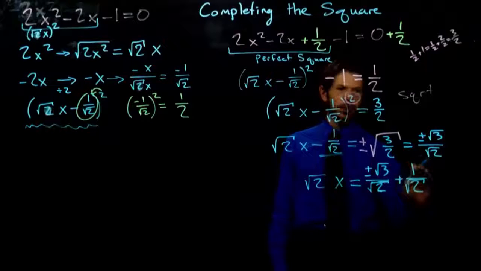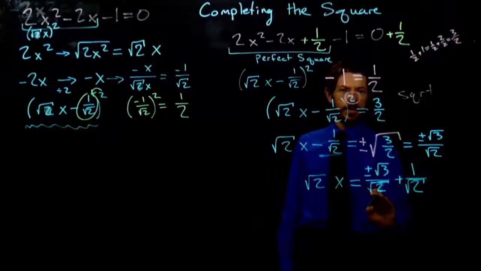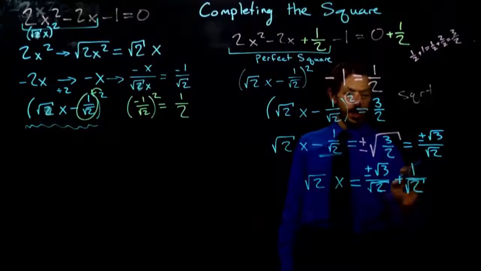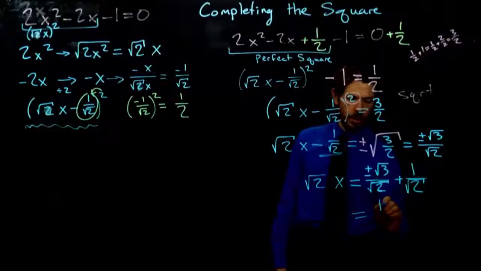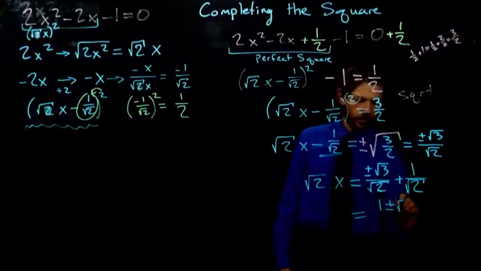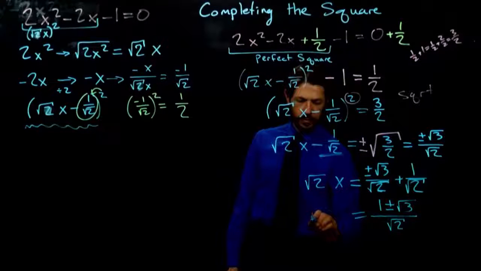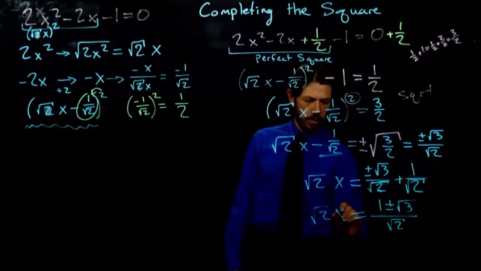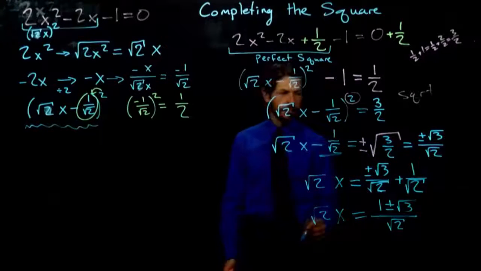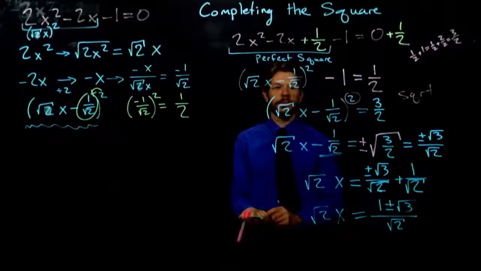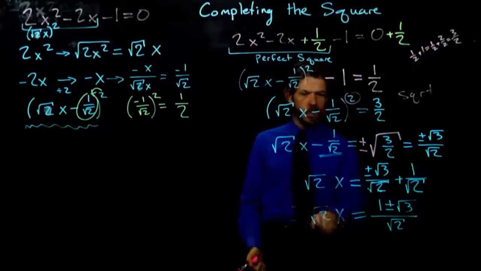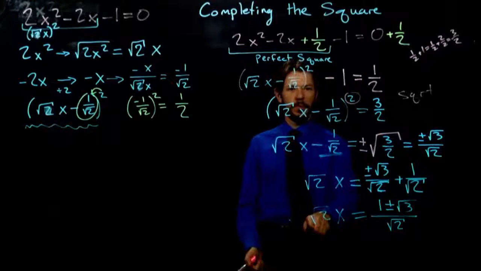These two numerators, we can add them since we have this common denominator. So let's add our numerators and we'll get 1 plus or minus the square root of 3 divided by the square root of 2 is one numerator. And this is the square root of 2 times x. And we're going to have to divide by the square root of 2.